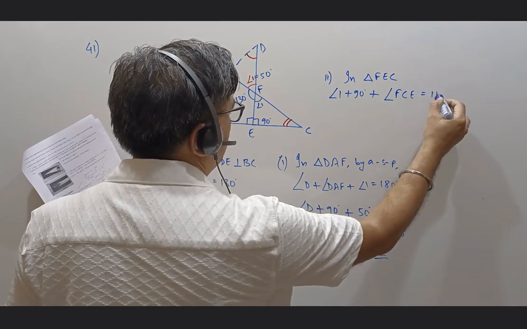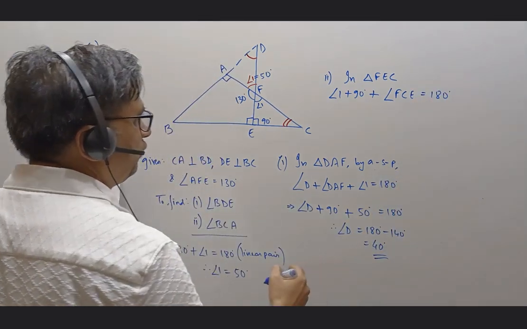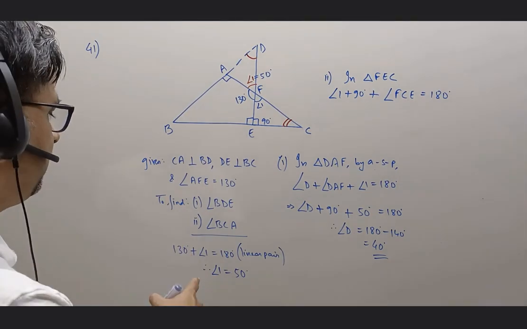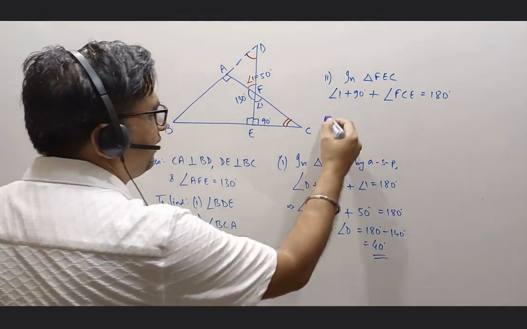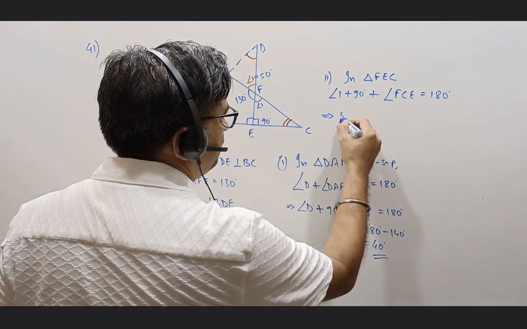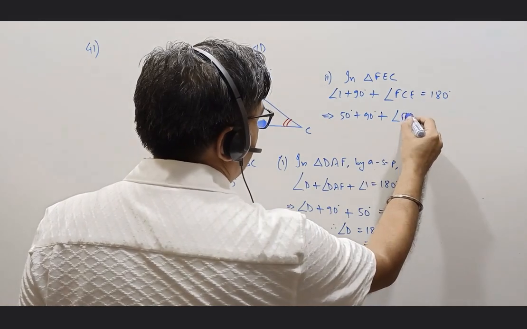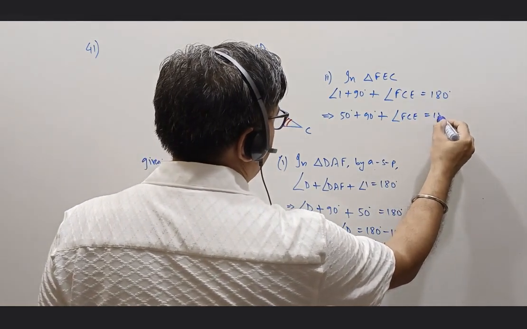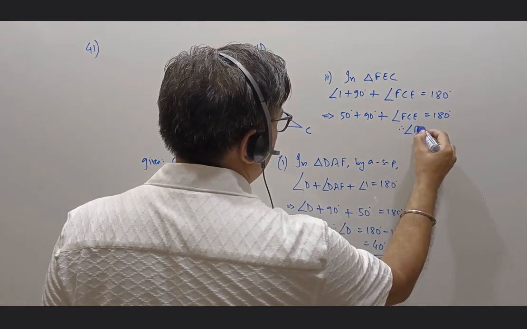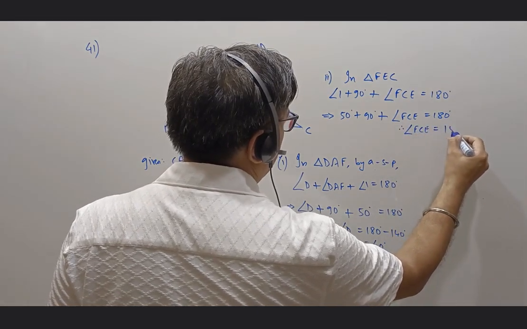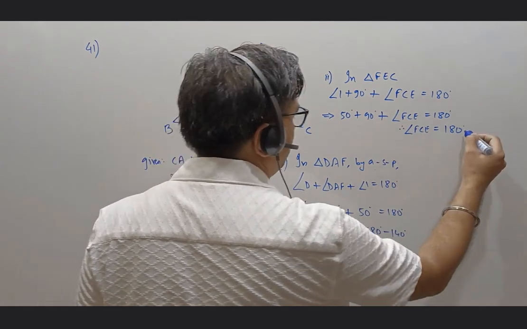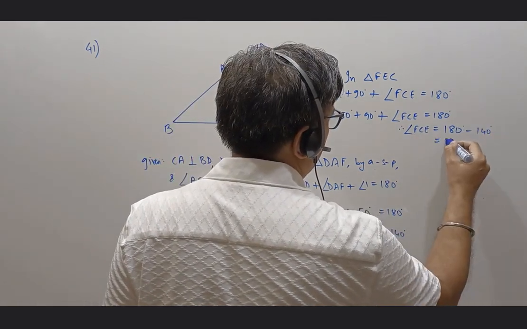We have just found the value of angle 1 as 50 degrees, so this will be useful here. 50 degrees plus 90 degrees plus angle FCE is equal to 180 degrees, and therefore angle FCE is equal to 180 minus 140, which is 40 degrees.